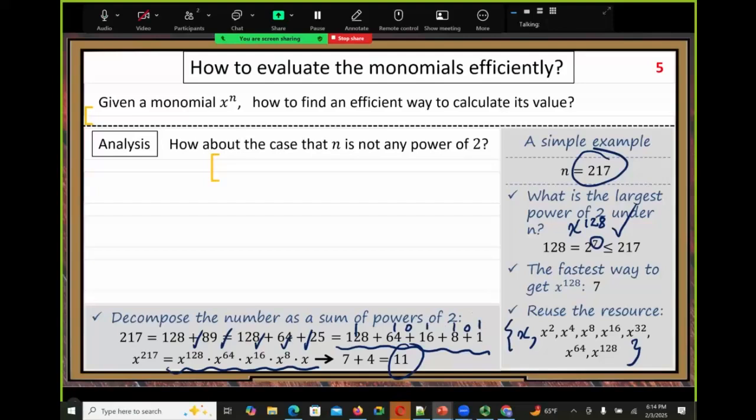So the binary expression is 1, 1, 0, 1, 1, 0, 1. Can you see that from the decomposition? The decomposition corresponds to your binary representation. If you have the binary representation, then you can find the decomposition easily.